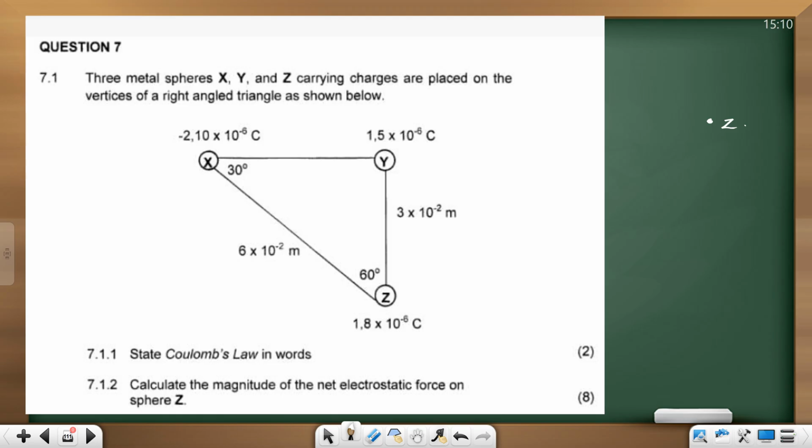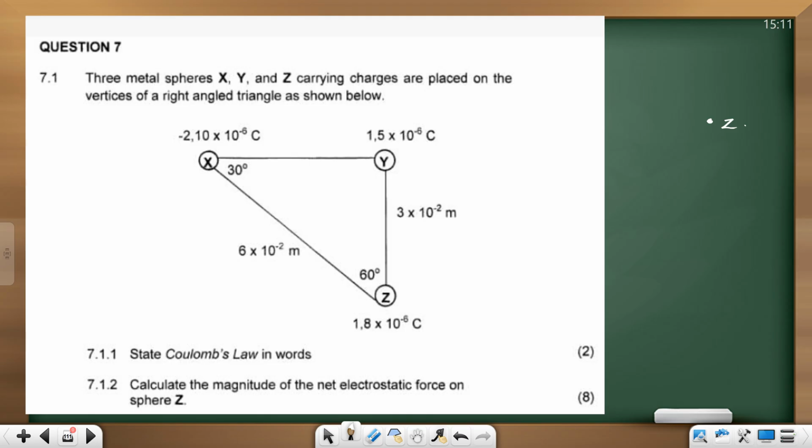They must tell us, maybe there's something wrong. Three metal spheres carrying charges are placed on the vertices of a right angle. There's an omission here. We need to know the charges on Y and Z. Who sent me this question? If you remember who sent it, tell me the year so I can quickly recheck the original, because for the net electrostatic force on Z we need the charges.